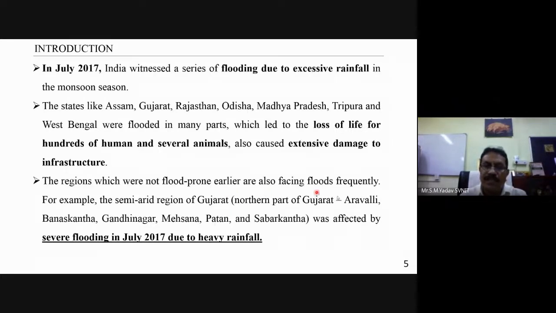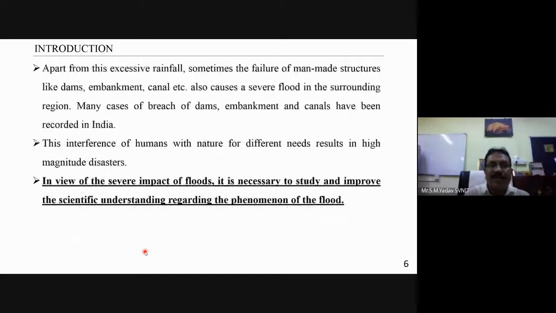But now, since the last decade, these regions are also facing floods. For example, the semi-arid region of northern Gujarat, Aravalli, Banaskantha, Gandhinagar, Mehsana, Patan and Sabarkantha, was affected by severe flooding during July 2017 due to heavy rainfall.